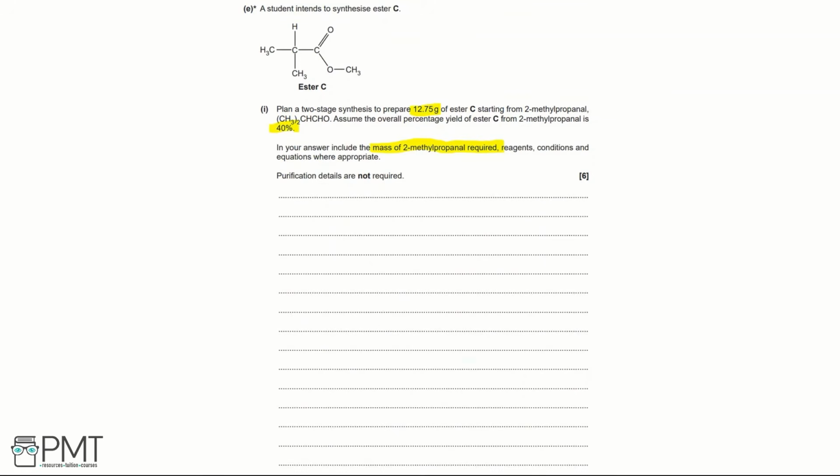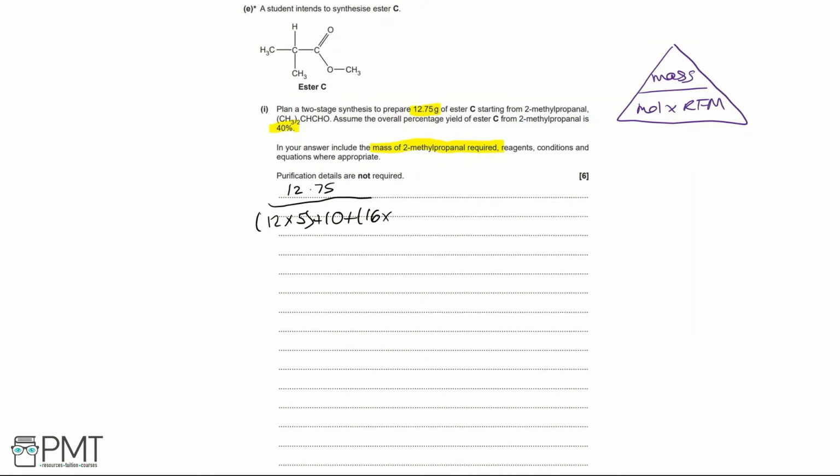So we're first going to use the equation triangle of mass divided by moles times relative formula mass, to work out the moles of ester C. So that would be 12.75 divided by the relative formula mass of ester C, which is 12 times 5 plus 10 plus 16 times 2. And that equals 0.125 moles of ester C.